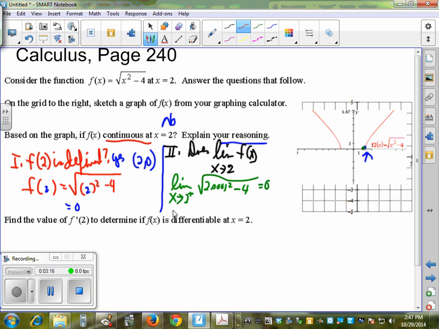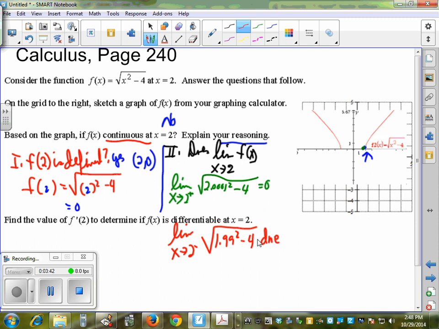Then if we try the limit as x approaches 2 from the left, we plug in something like 1.99 squared minus 4. This is not quite 2. If we square it, that's not going to quite be 4. We end up getting an imaginary number which does not exist.